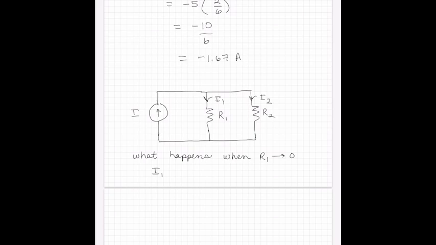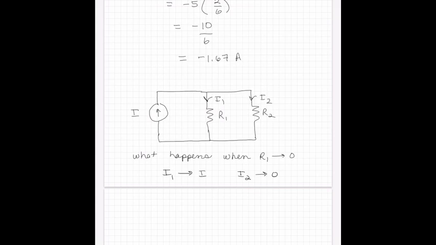So I1 is going to approach I, and I2 is going to approach 0. So I2 is going to get smaller and smaller, and I1 is going to get larger and larger because R1 is going to be so small that most of the current is going to want to go through R1.